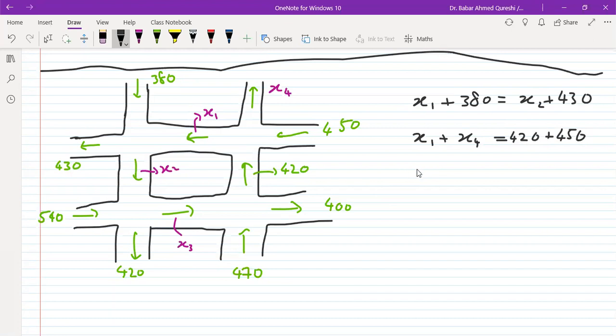The next one, x3 plus 470 are coming in, which must be equal to the cars going out.